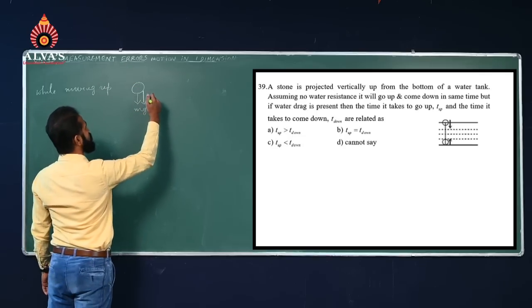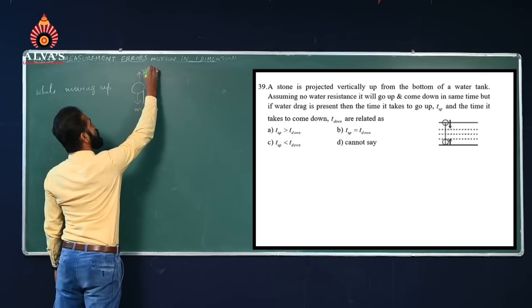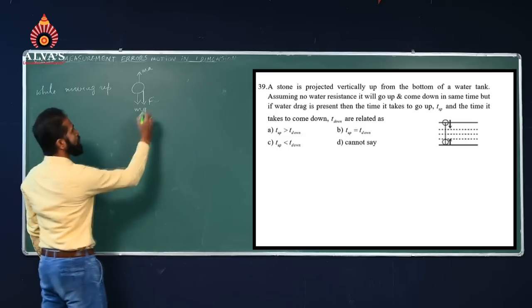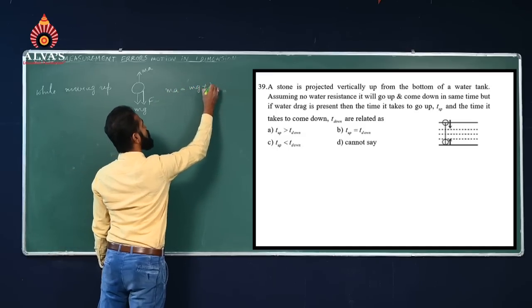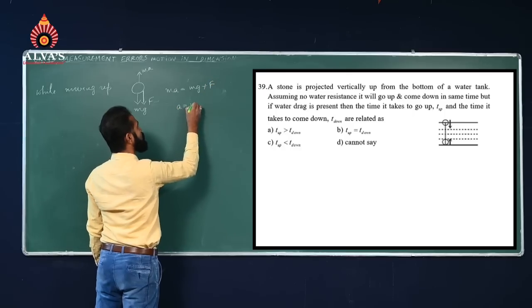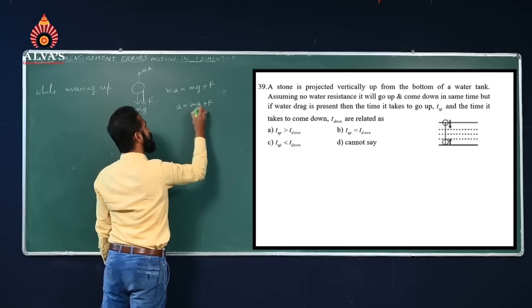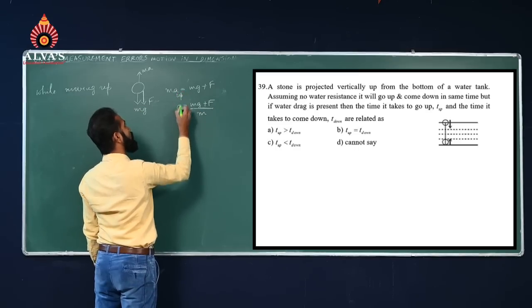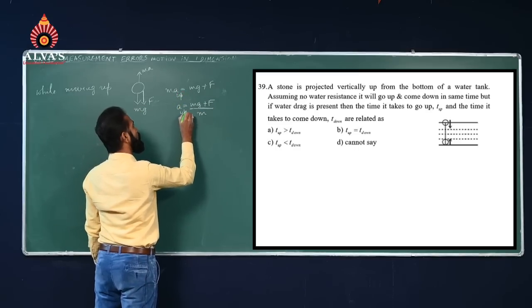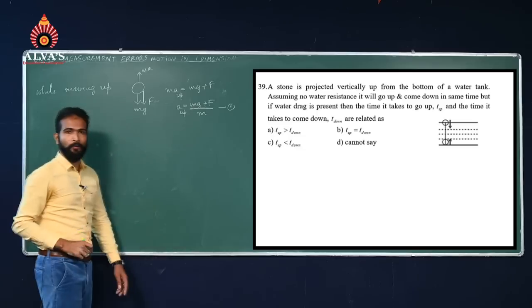So apply Newton's second law: m into a is equal to mg plus f, or acceleration becomes (mg plus f) divided by m. This is while going up, so I'll write this acceleration as a up, take it as equation 1.